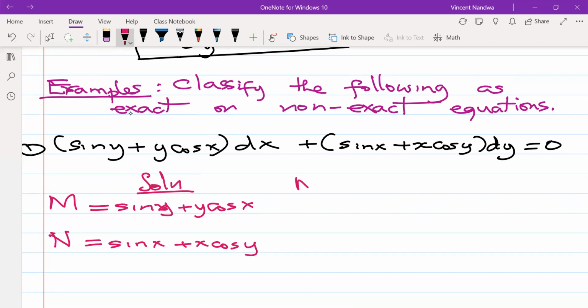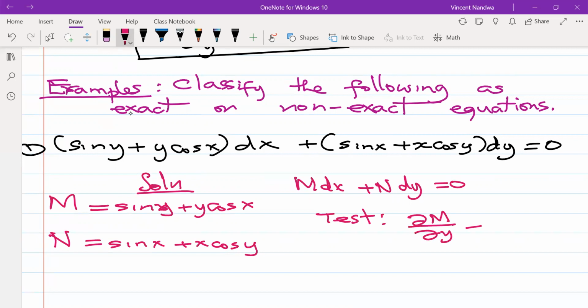So remember the general equation is M dx plus N dy equals 0. And we test that partial M partial y equals partial N partial x.